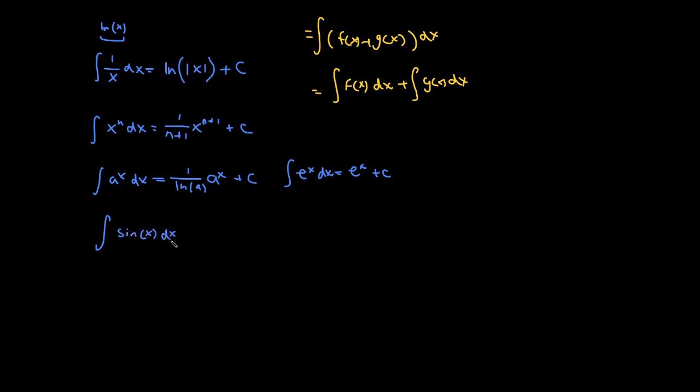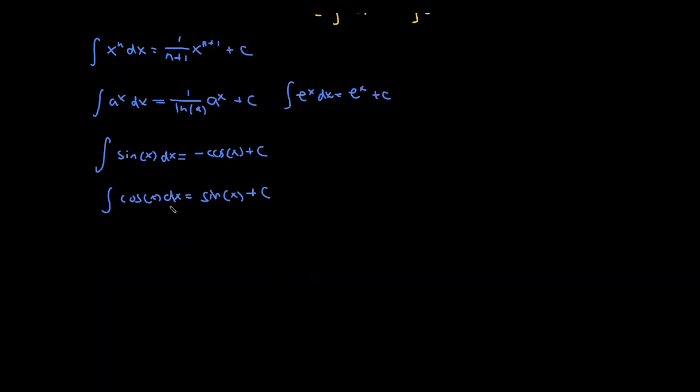So if I have sine, now remember, what function should I differentiate to get sine? Well, that's going to be negative cosine, like that, plus c. And then if I have cosine, the trigonometric functions kind of go the other way around. So the antiderivative of cosine is going to be sine of x plus c.